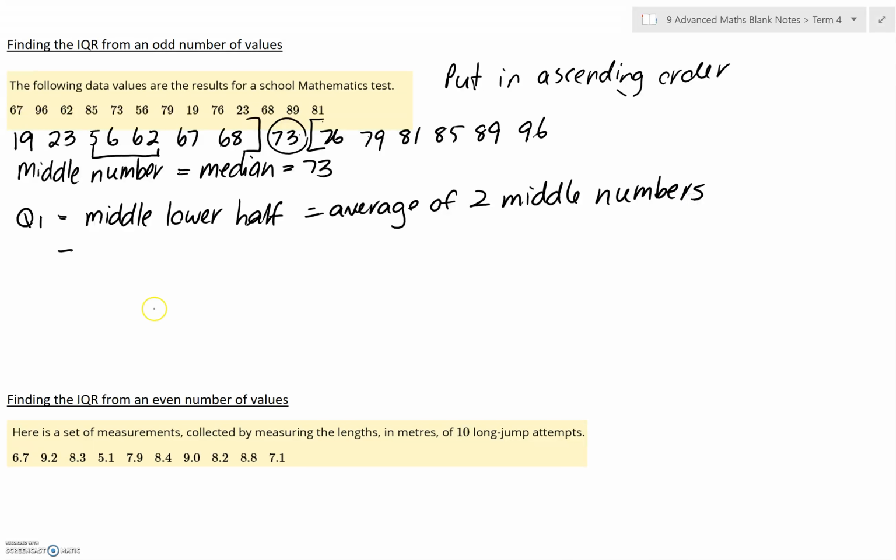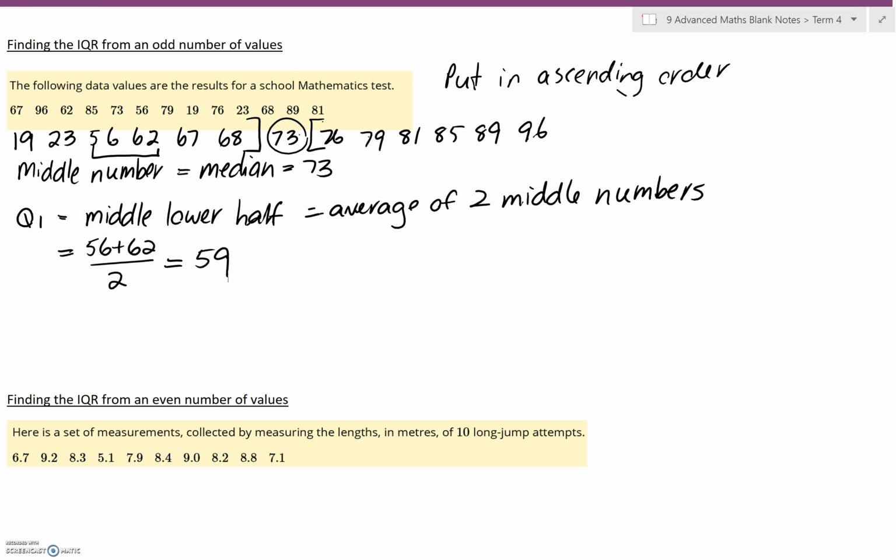So to do that, we're going to add them up and divide them by 2, just exactly like we did before when we were finding the mean from an even number of values. So 56 plus 62 divided by 2 is going to give us 59. So our first quartile, Q1, is 59.